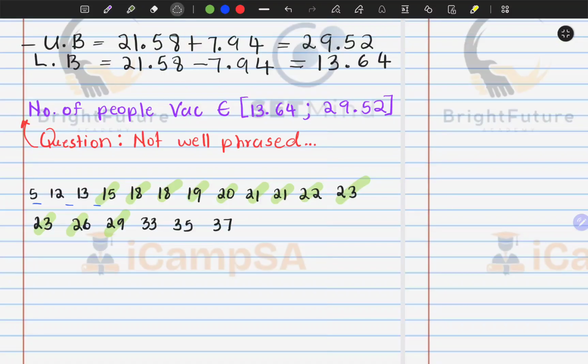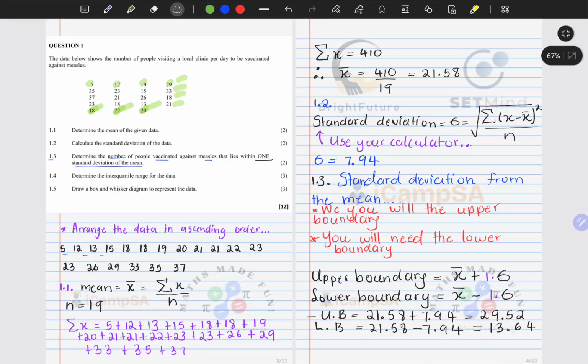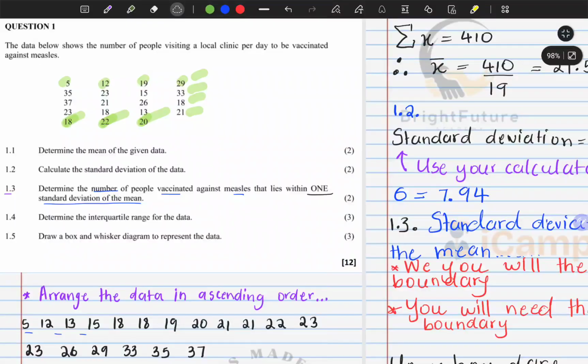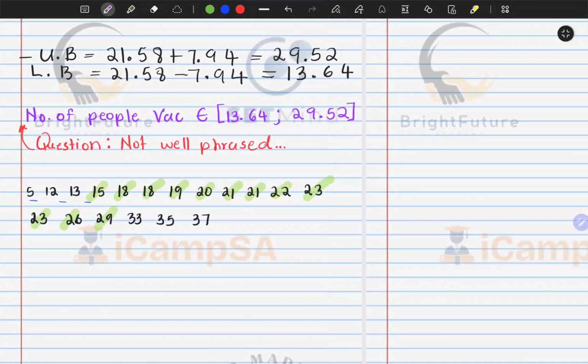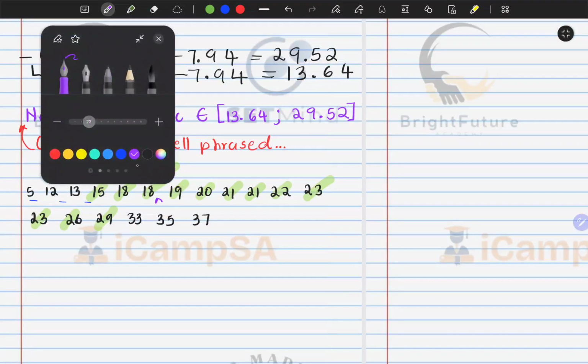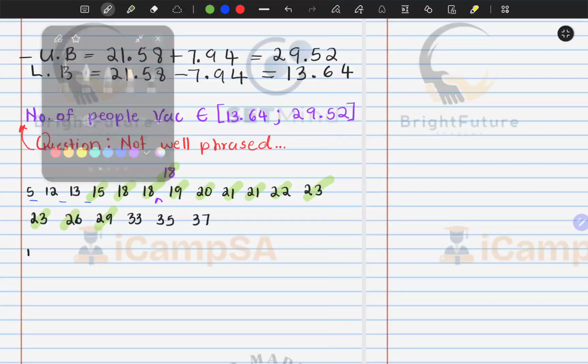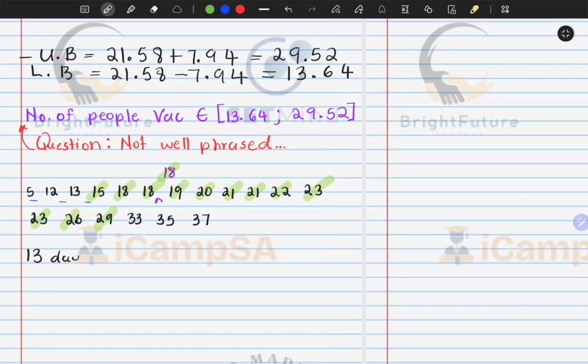So that is 12 numbers, but there's something that I quickly want to correct. Let's just look at 18. You'll see that we have an 18, 18, and 18. So there are 3, and I'm missing one of them here. So we have another 18, and that becomes 13. So we have 13 days that have a number of people that fall within one standard deviation.